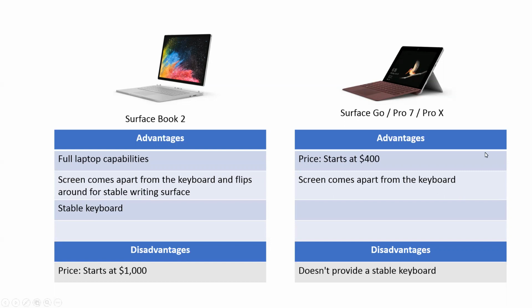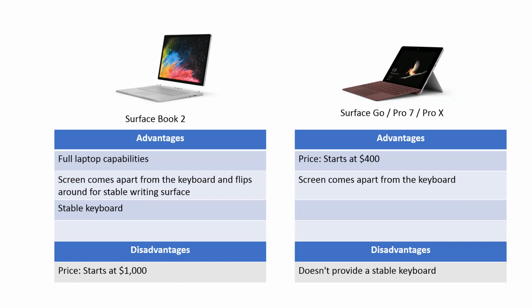In my opinion, it was hard to sit on my lap and type with. I like to sit in front of the TV and type on my computer, and that is a little challenging to do with the Pro, whereas the Surface Book really allowed me to have a stable keyboard surface.